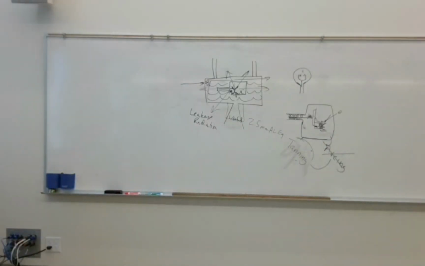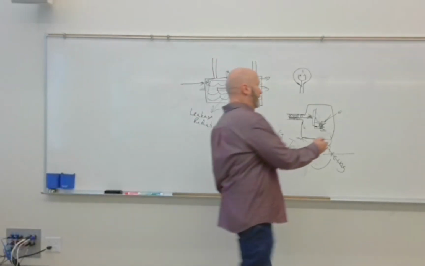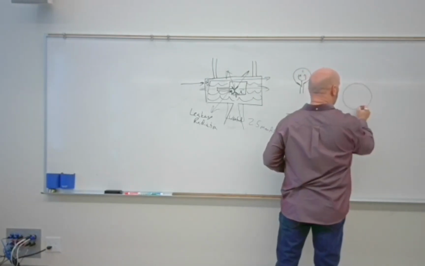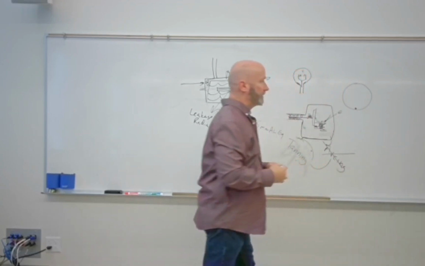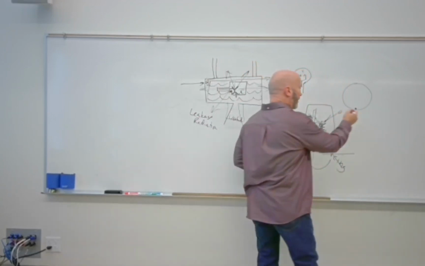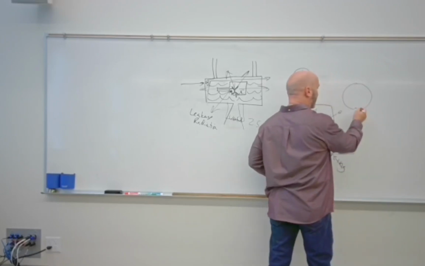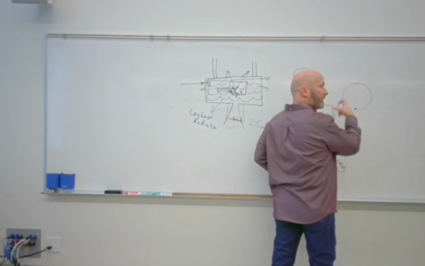So the target area is just the area of bombardment. Again, if I draw the face of the anode, the area of bombardment is your target, okay? So since we rotate it, though, the target area always moves.